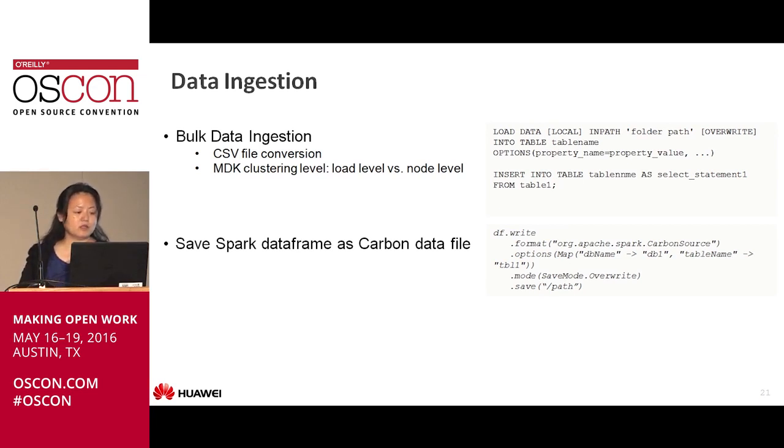The other way of doing data ingestion is to save a data frame as carbon data. After that step, you can query it through the optimizations we have done. One way of doing it is through the data frame write API, so you can save a data frame into carbon data, as we show in an example here.